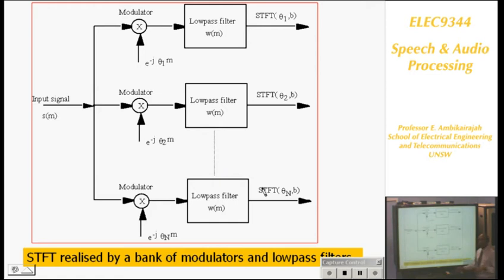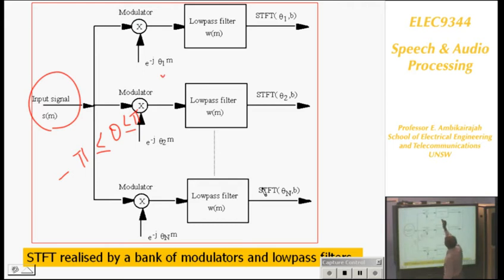So if I draw a block schematic diagram of my short-time Fourier transform, you can say the input signal is a signal coming in, and it is multiplied by a particular frequency. Assume that minus pi is less than or equal to theta, which is less than or equal to pi. That's the frequency range of theta. Theta is the digital frequency. We have assumed you're going to get 128 values of theta.